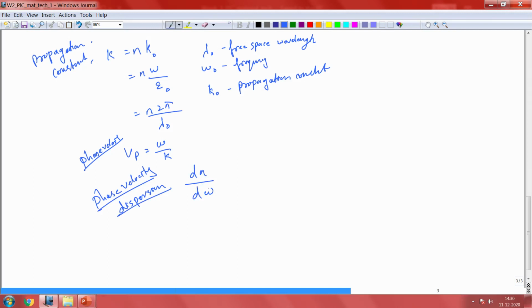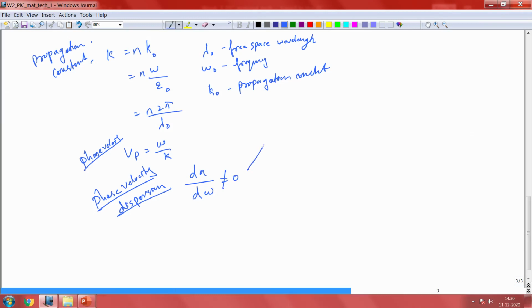So, we know that light is going to travel at different speeds based on the frequency, because d n over d lambda is not equal to 0, because of the dispersion.